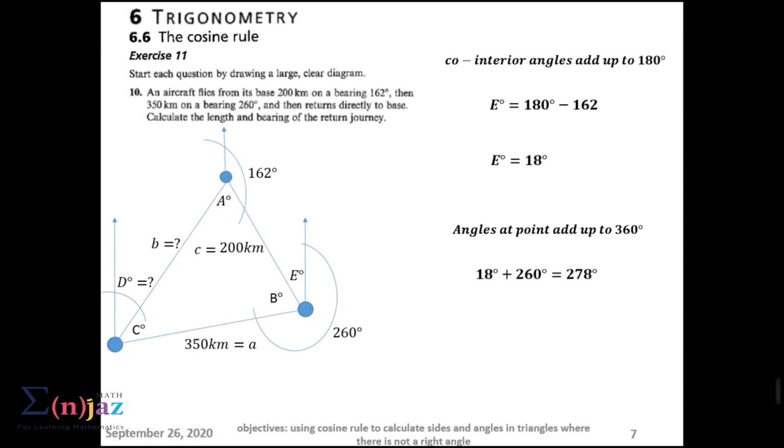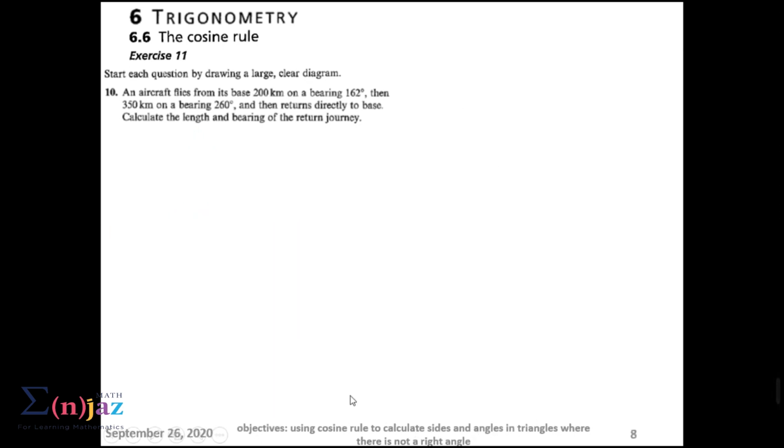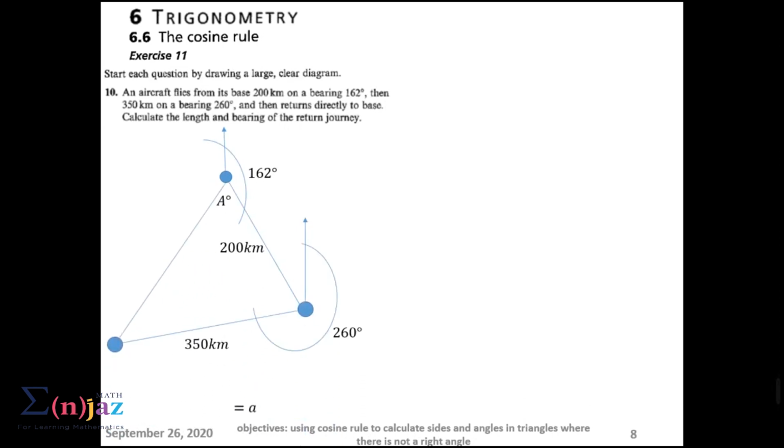If we subtract the 278 from 360, angle B comes down to 82 degrees. Angle B is 82 degrees. Now, once again, the drawing, and we place on it the given numbers and any new number that we found.